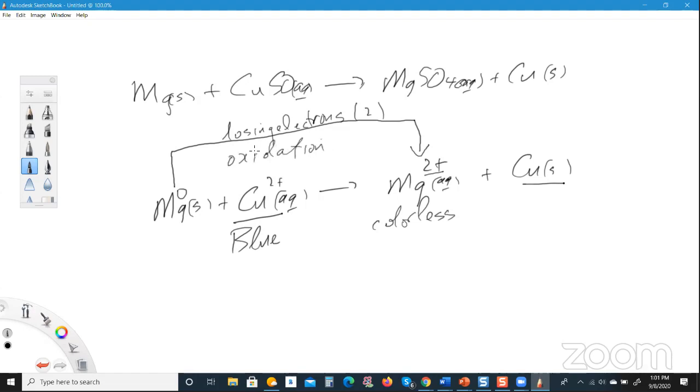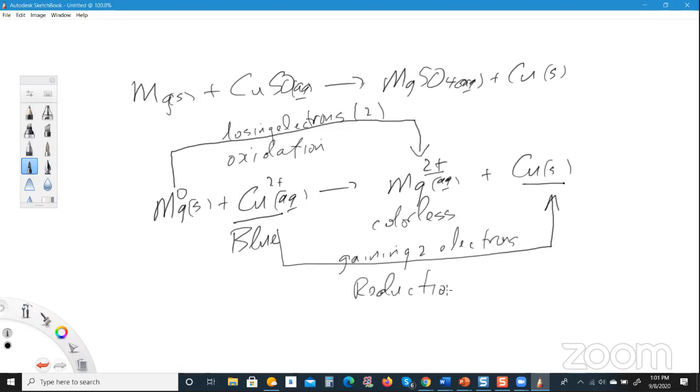In the case of copper 2+ going to copper solid, it is gaining 2 electrons, which means the copper 2+ is undergoing reduction. So this is a simple example of a redox reaction. The magnesium goes from 0 charge to +2, so it loses 2 electrons.